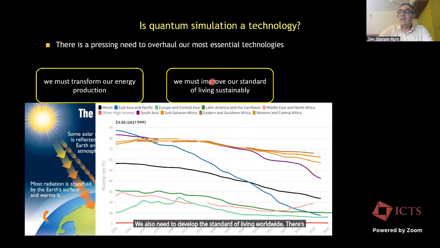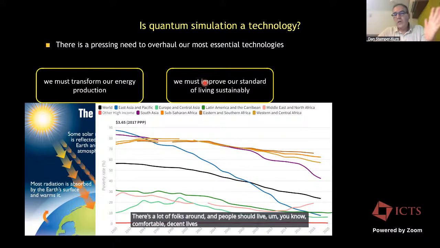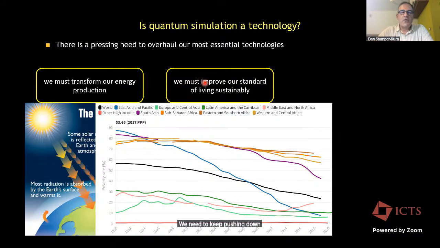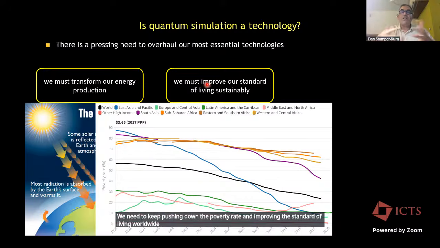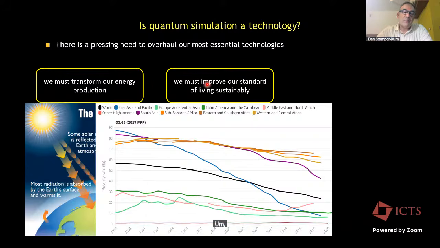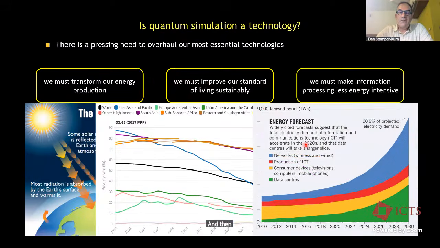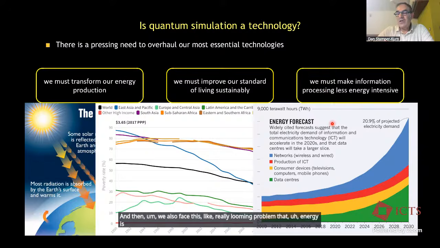There are a lot of folks around, and people should live comfortable, decent lives. And so we need to keep pushing down the poverty rate and improving the standard of living worldwide. That requires a lot of development, and that's going to impact our planet, but also it's something we need to do in a hurry.